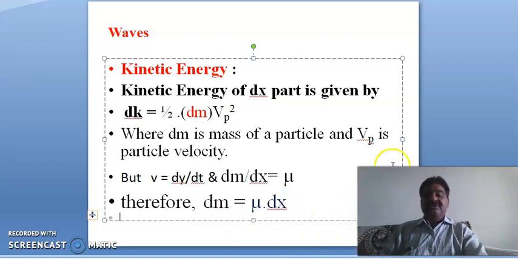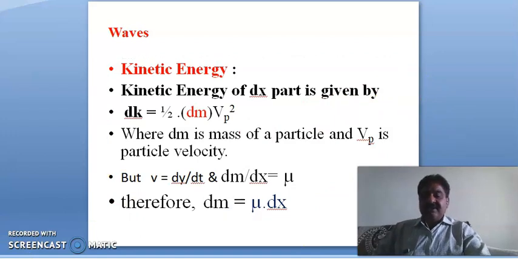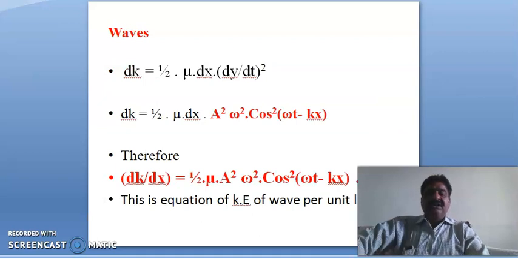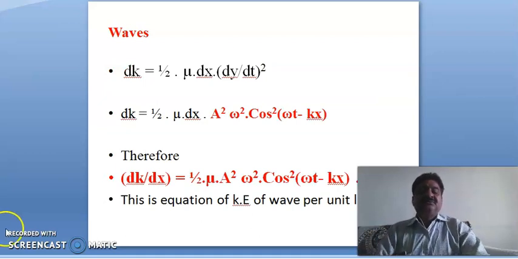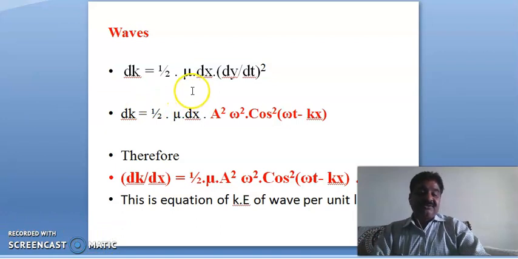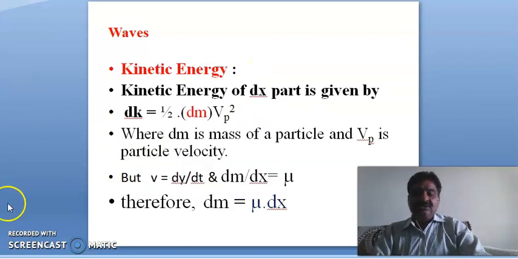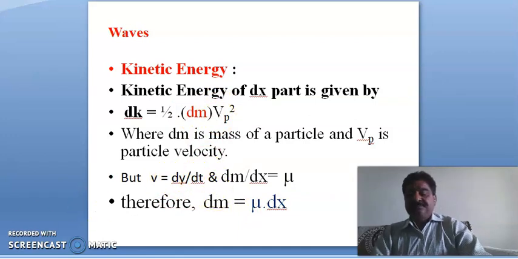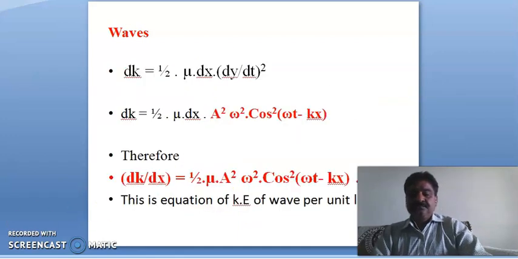Then what do we obtain? dK is equal to half into mu dx into Vp square, and Vp square means (dy by dt) whole square.